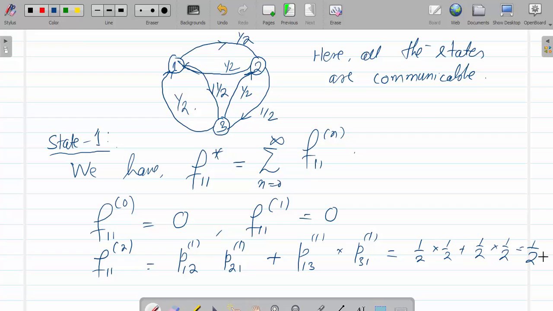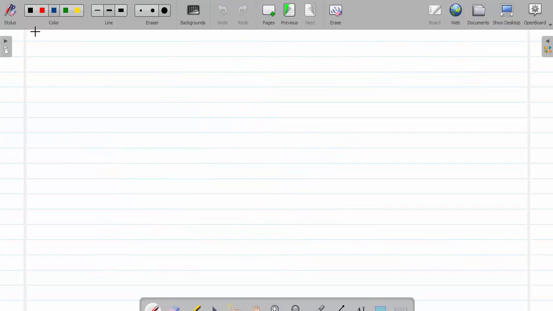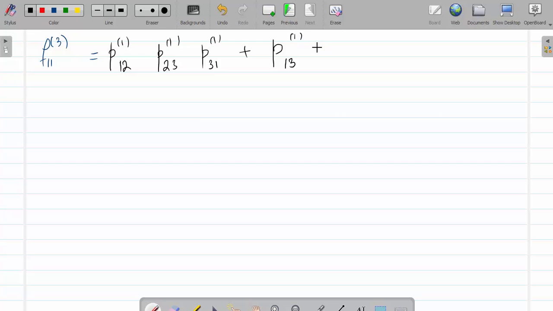Now we shall find f11(3). f11(3) is equal to p12 p23 p31 plus p13 p32 p21.